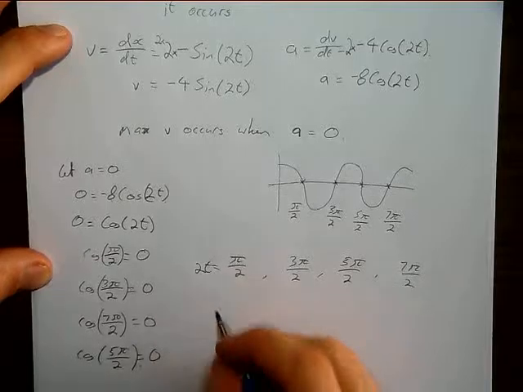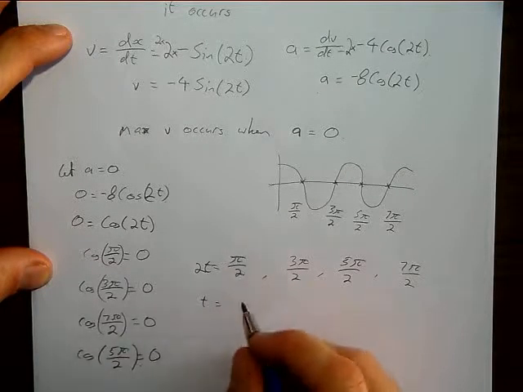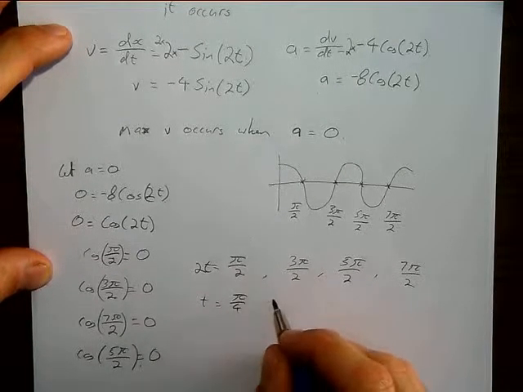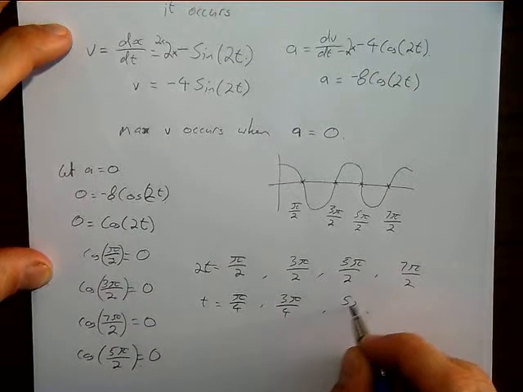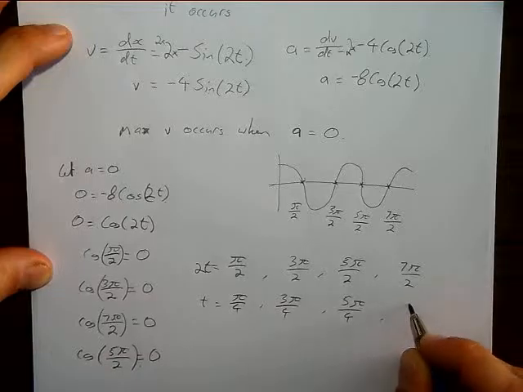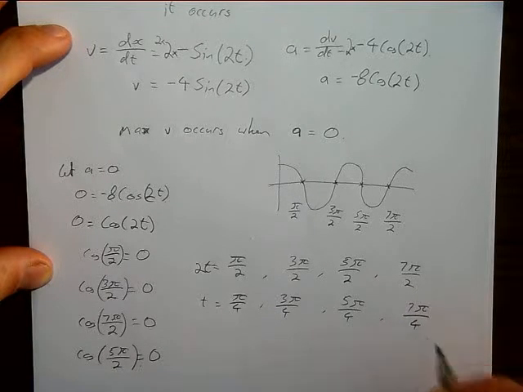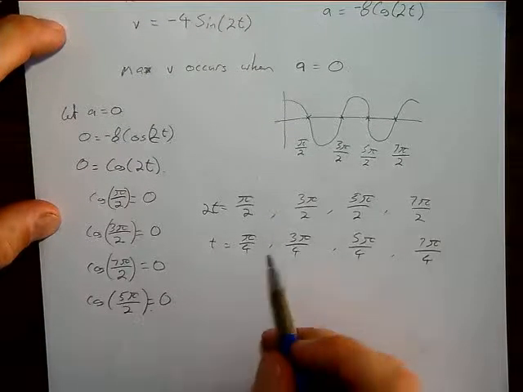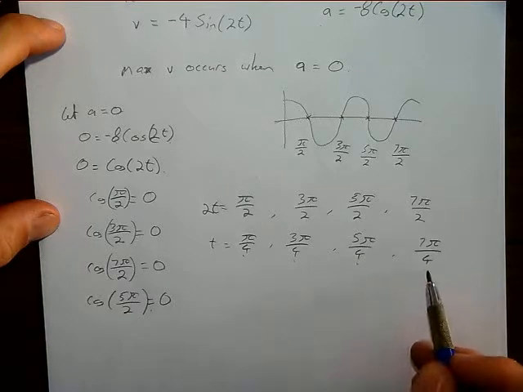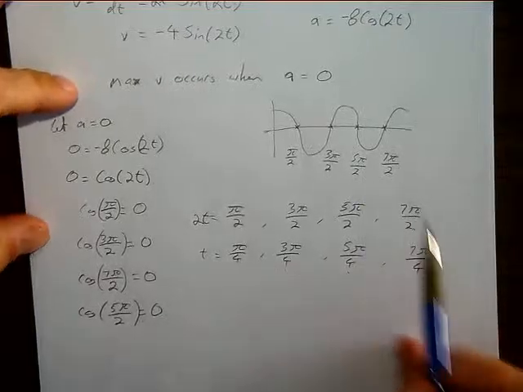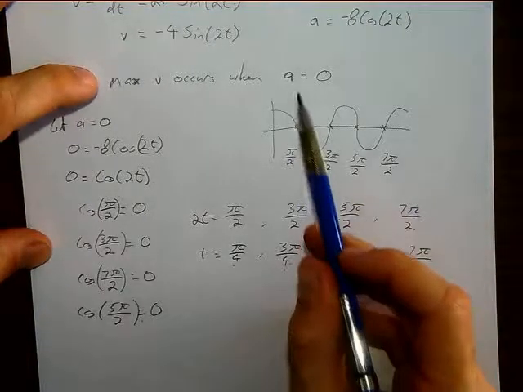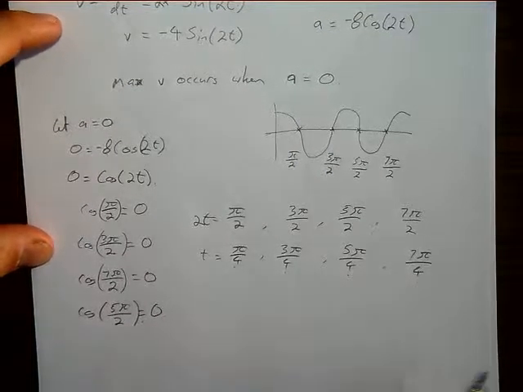If I divide all of these by 2, I get t is equal to pi on 4, 3 pi on 4, 5 pi on 4, and 7 pi on 4. So I have 4 solutions for t. These are all my minimums and maximums.